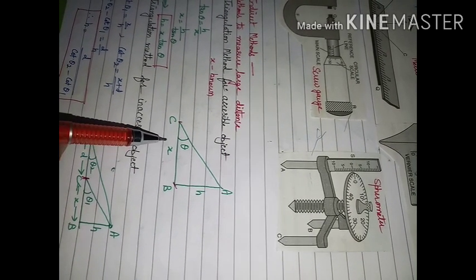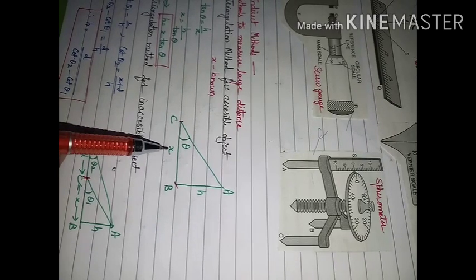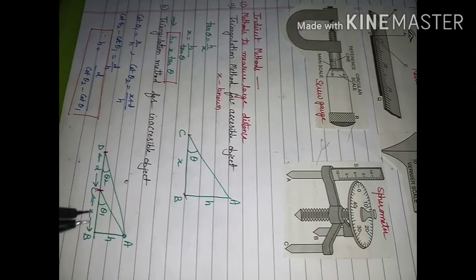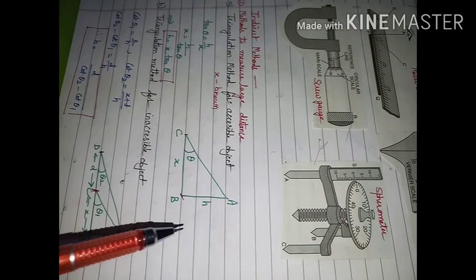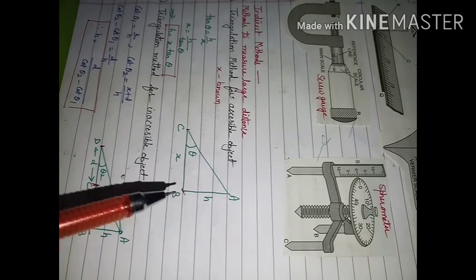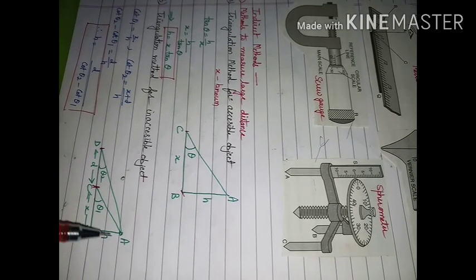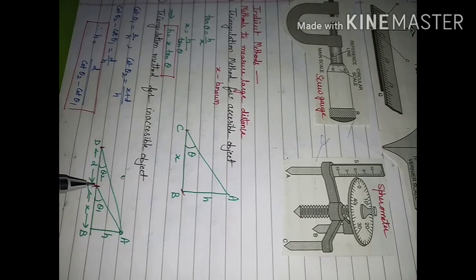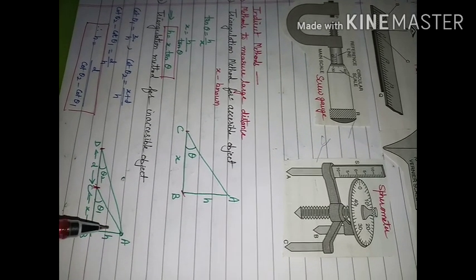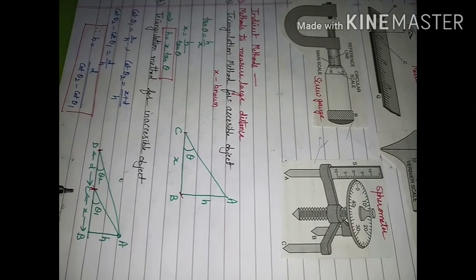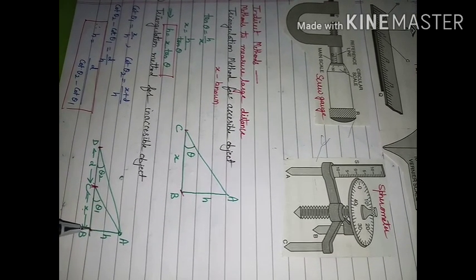If this x is not known to us, then how do we find out the height of the tower? In that case, let us consider this figure. This is our first position. And in this triangle, the first position is at a distance x from the base.